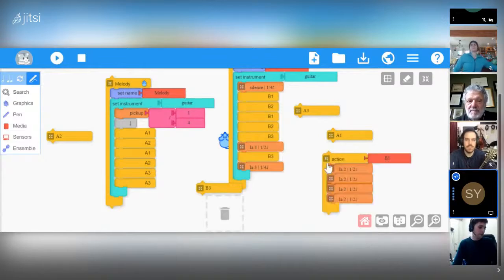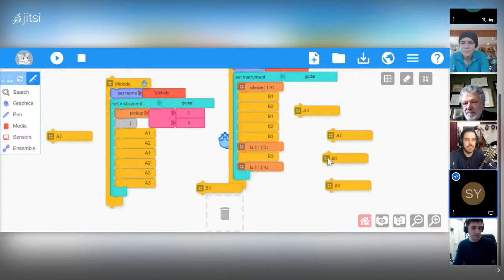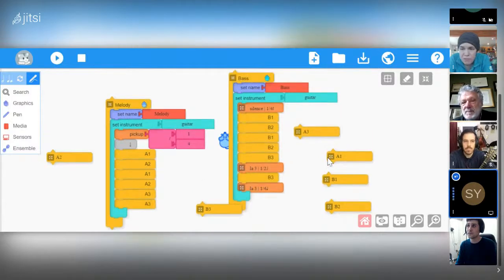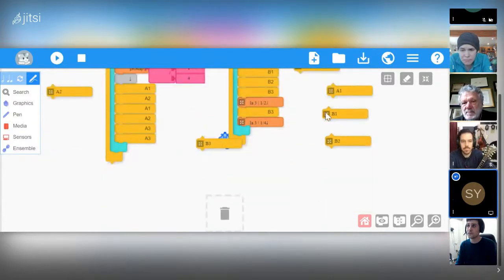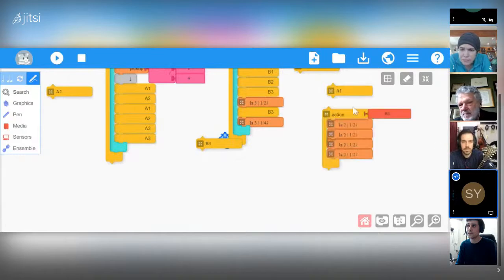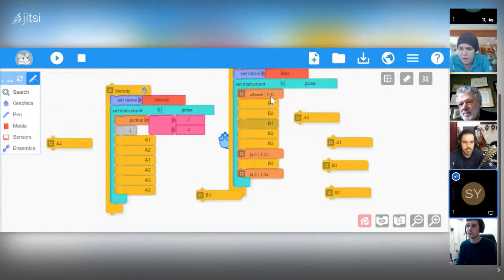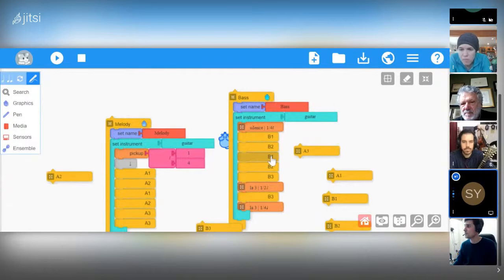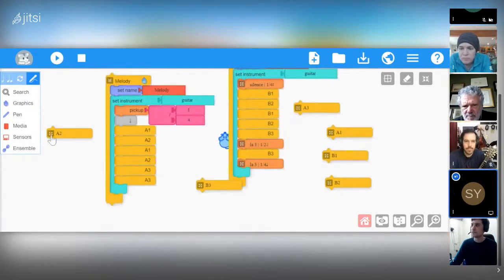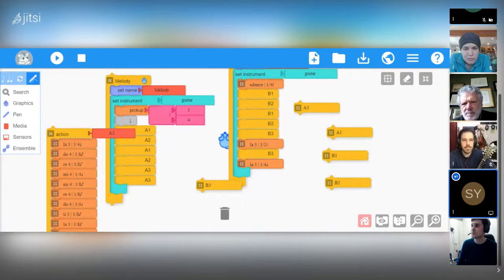Okay, so basically there was a pattern in the music, and I saw that. So I just alternated between them because they were alternating in the music, and I split them.